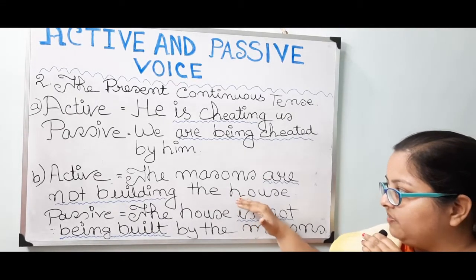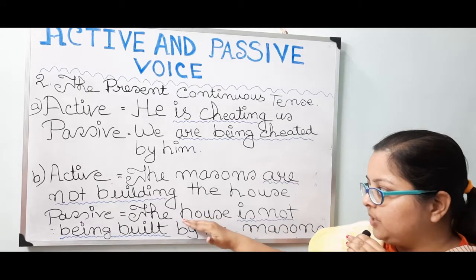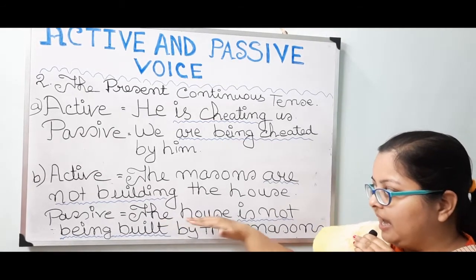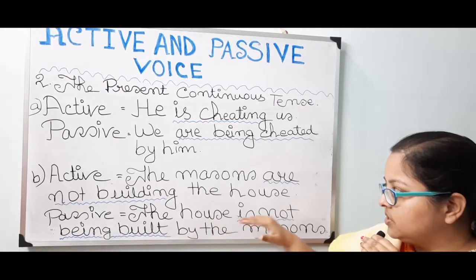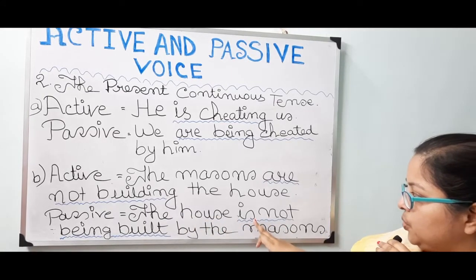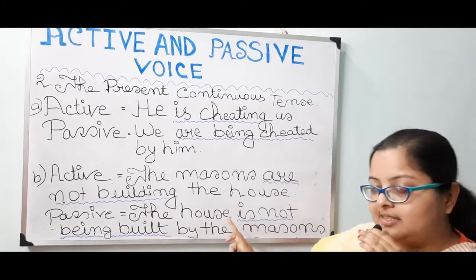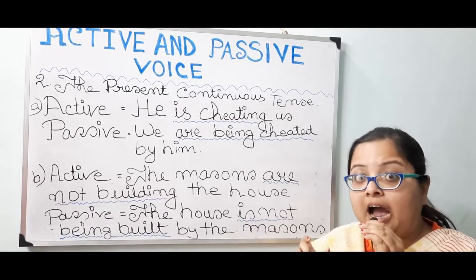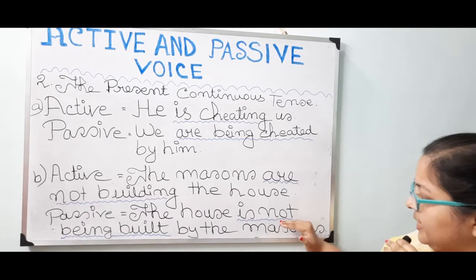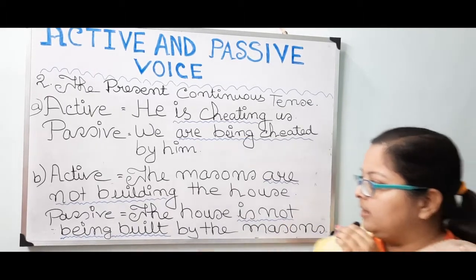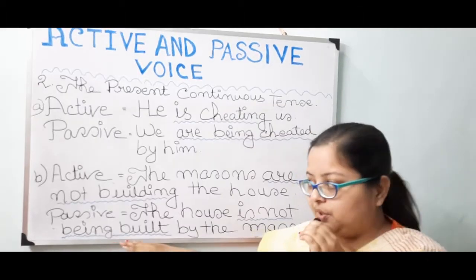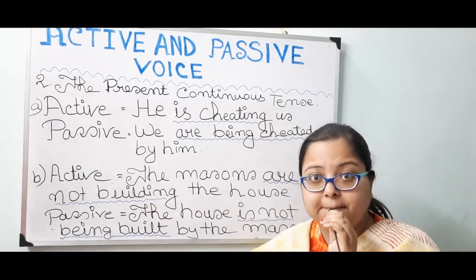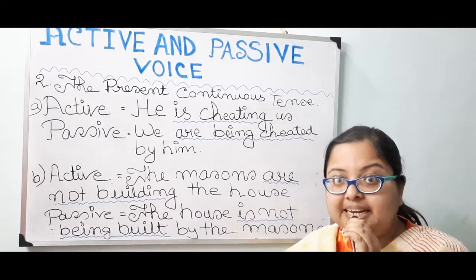And the object of the active voice is going into the place of the subject of the passive voice, that is the house. The house, then according to the rule, is, since the house is single in number. Then not being according to the rule, then the third form of the word build, which is built.